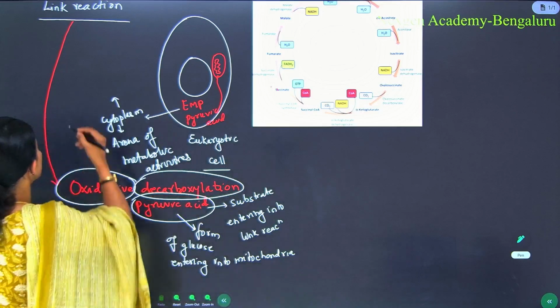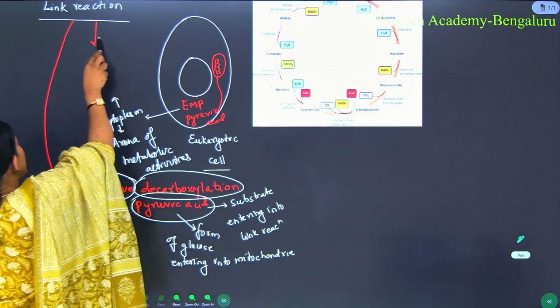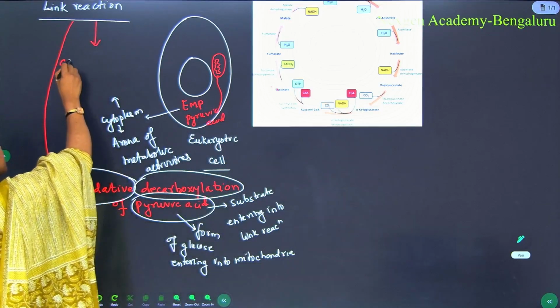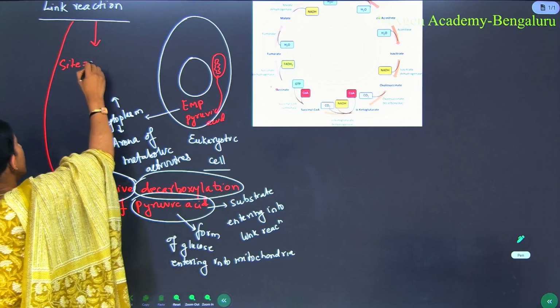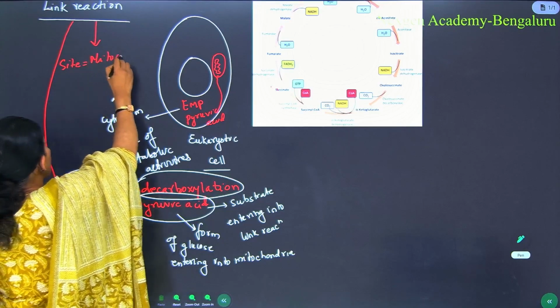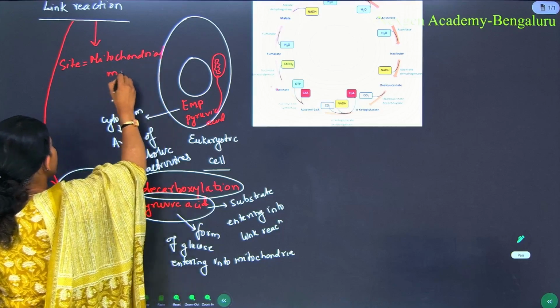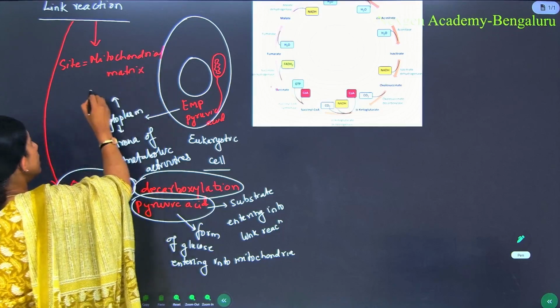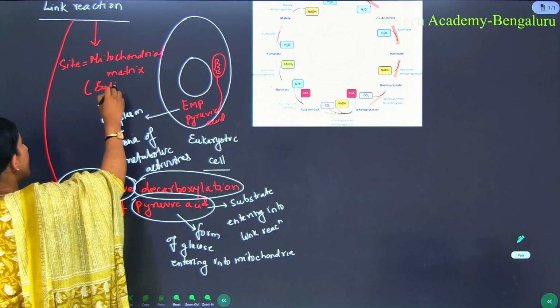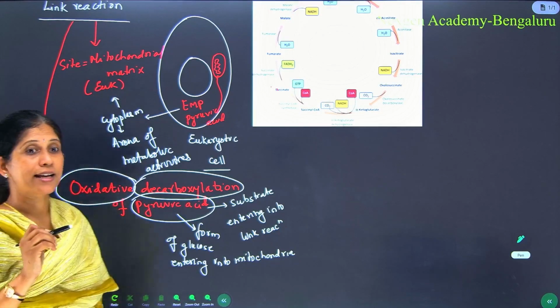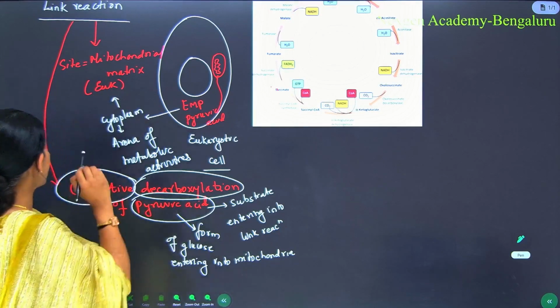Now remember, when we talk about link reaction, what is the site of link reaction? It is the mitochondrial matrix, right? In case of eukaryotes, the site of link reaction is the mitochondrial matrix.